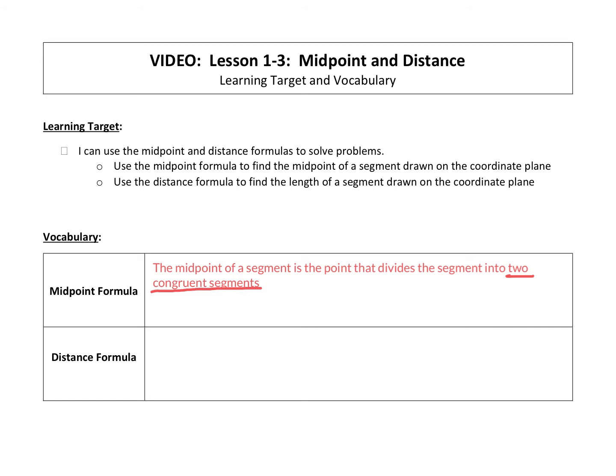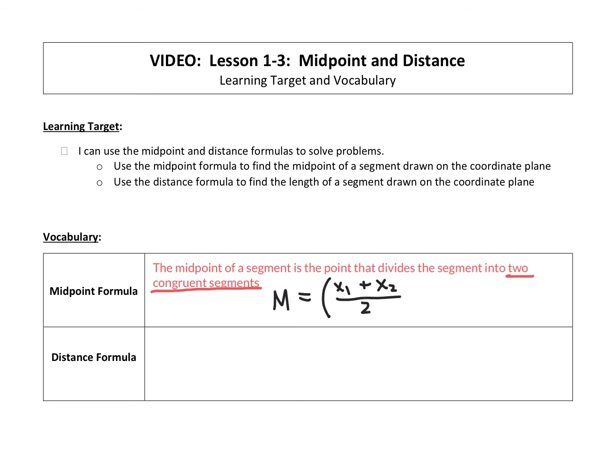The midpoint formula, let's write that out. Midpoint formula is an ordered pair. What we do is we take the x value from our first ordered pair plus the x value from our second ordered pair, and these are the ordered pairs from the endpoints of a segment. So these would be in a coordinate plane that have x and y values.